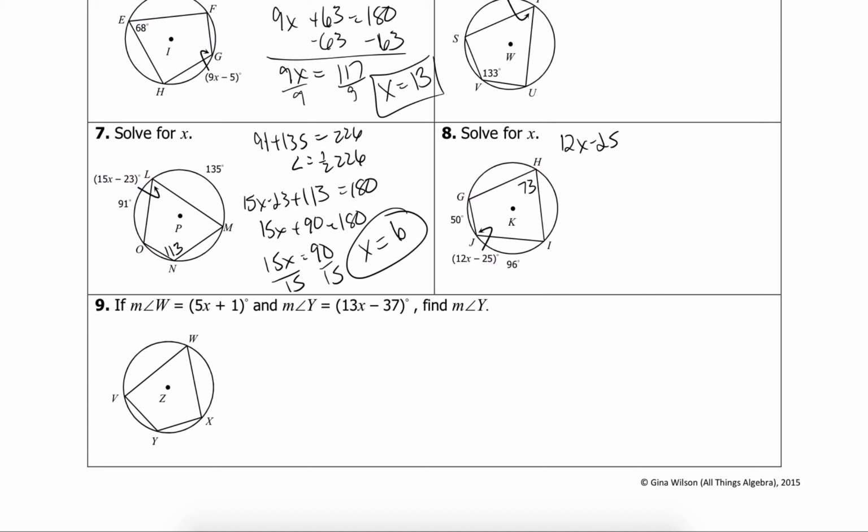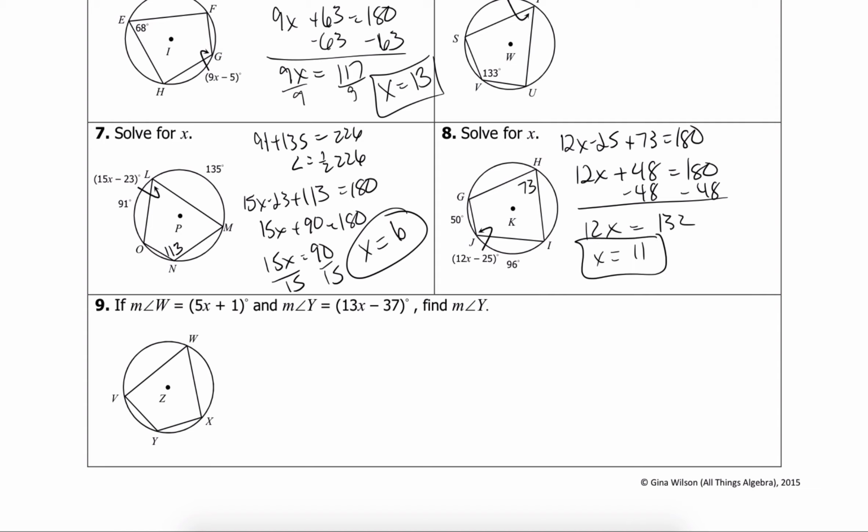Plus 73 equals 180. 73 minus 25, 48. 12x equals 132, x equals 11.